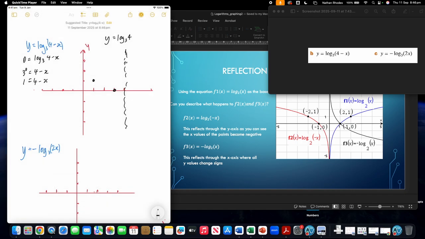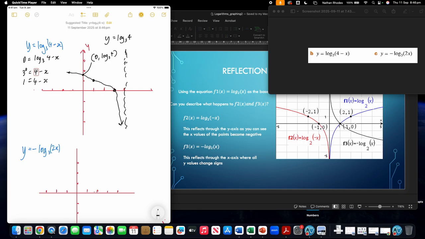We know that it's going to come along here, go through there, and along. Then we can identify that as (0, log base 3 of 4). We only have to estimate where that value is, but we've got those other two points.